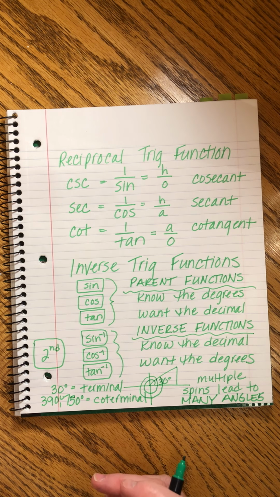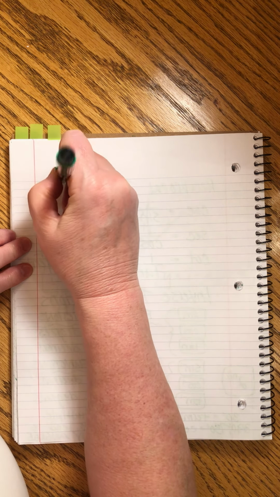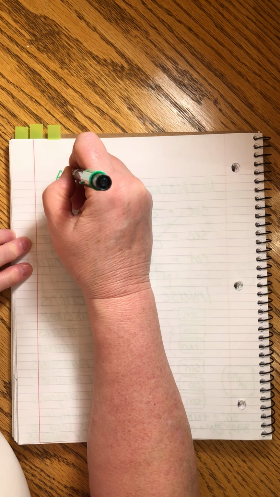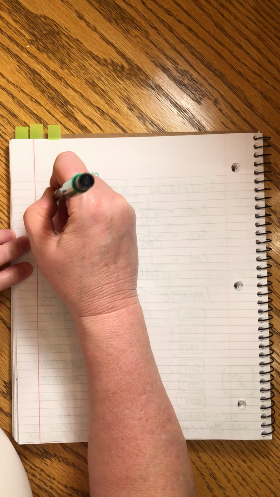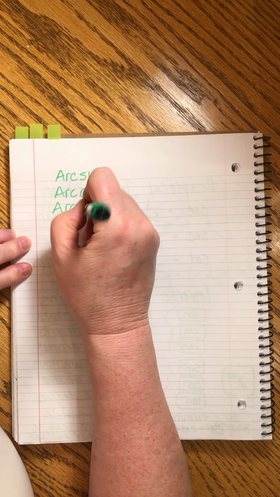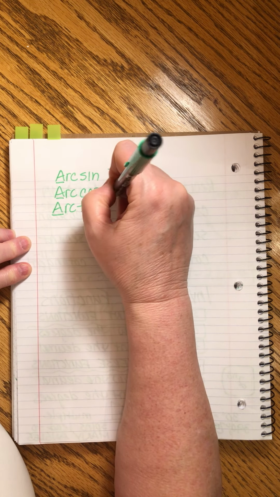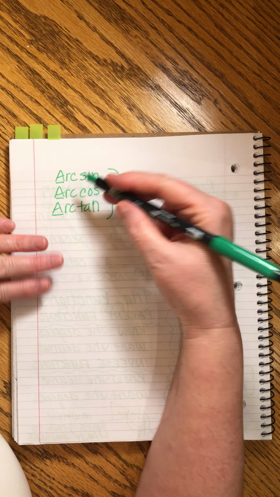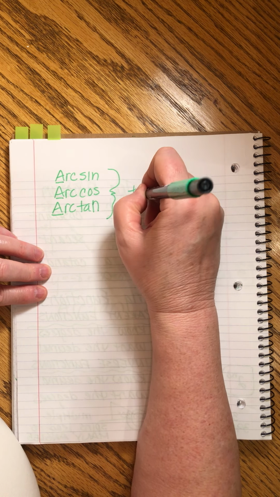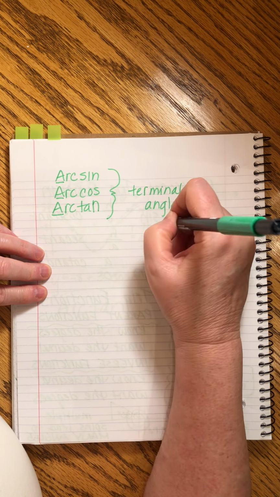And that's why we use the uppercase in the arctangent. Okay? When we say arcsine, arccosine, or arctangent, any one of the functions, this uppercase A is notation that tells us terminal angles only.